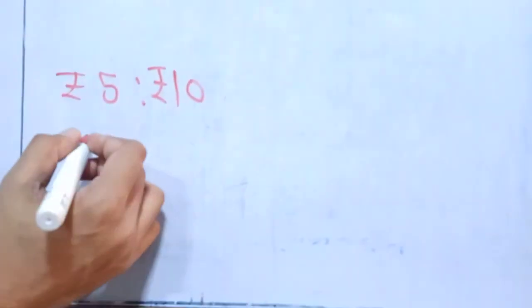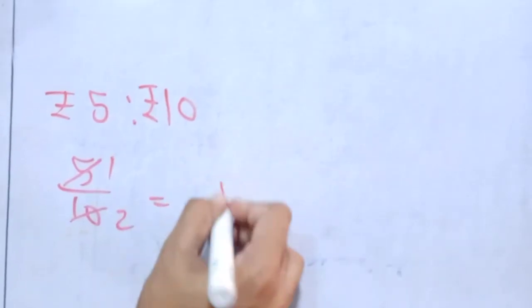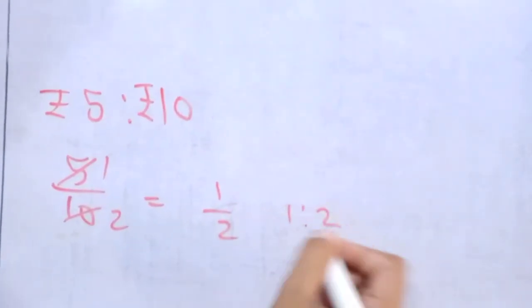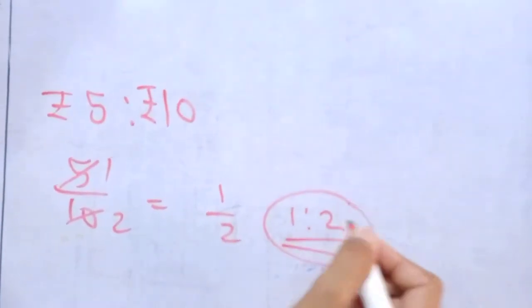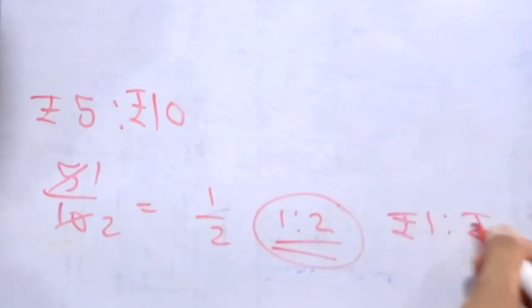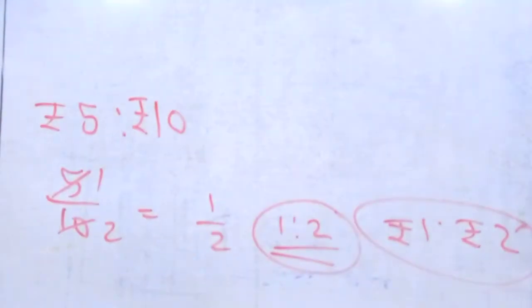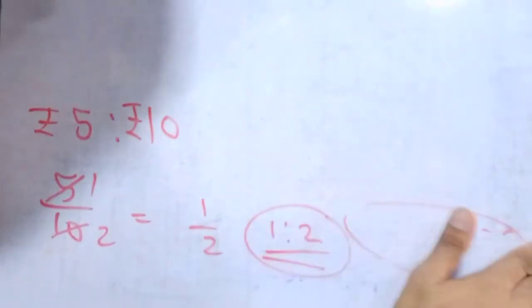Take an example: if we have 5 rupees to 10 rupees and we are finding the ratio, we can write 5 upon 10. 5 1s are 5, 5 2s are 10, so it becomes 1 upon 2, and we can write 1 is to 2. We cannot write rupees 1 is to rupees 2. Why should we not write it?